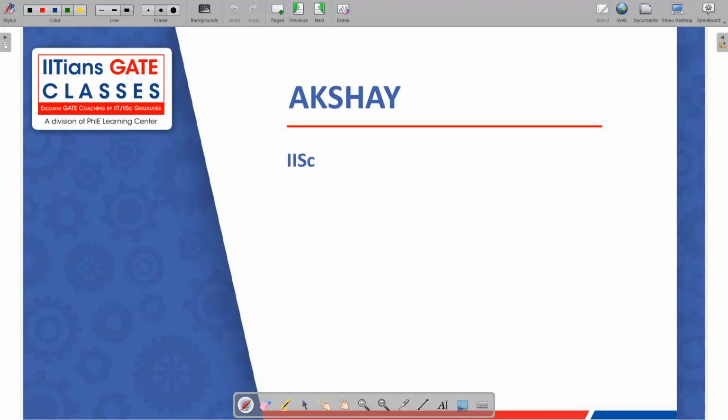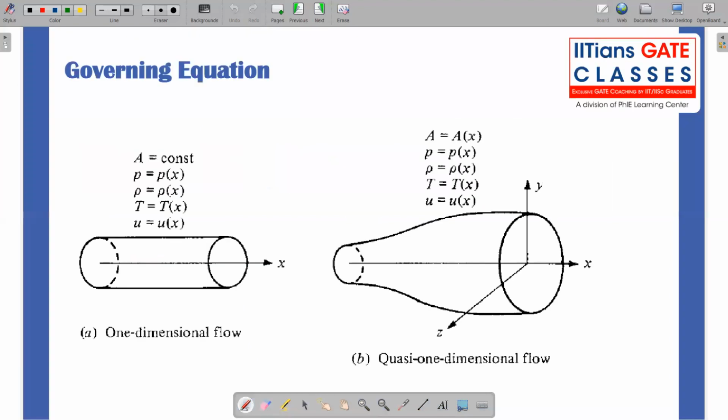So let us jump on to the topic of interest. Okay. So first, I am going to start with a governing equation. First, let us compare what we know so far. This is what we studied so far: one-dimensional flows in which area is constant.